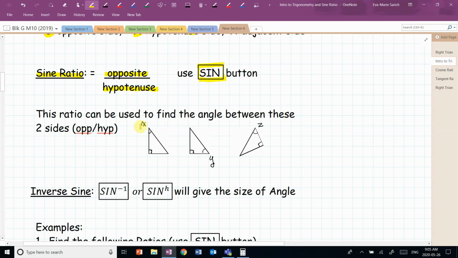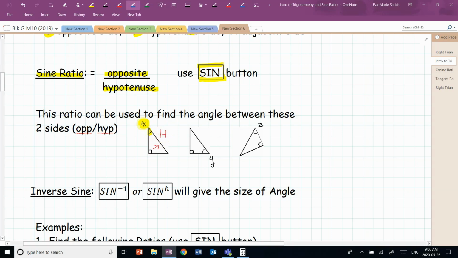So here we are, we're looking for angle H. Angle H is this corner right here. And if we want to find the angle, we need to be able to use the opposite side and the hypotenuse. Well, you all know that across from the right angle is the hypotenuse. So here's our right angle. If we go across from that, we find the hypotenuse.